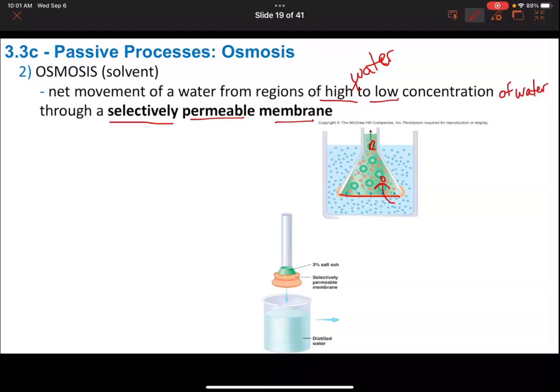In this example, it's a 3% salt solution. You put that salt solution with the membrane down in the water in the beaker, and suddenly you have a situation in which these salt molecules want to be equally distributed, but they can't leave. So they can't put space between themselves.